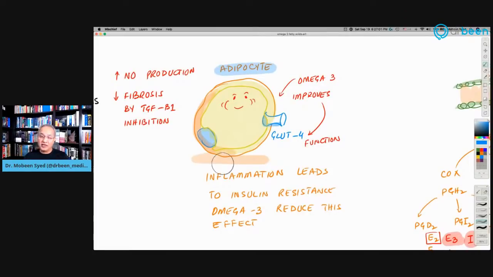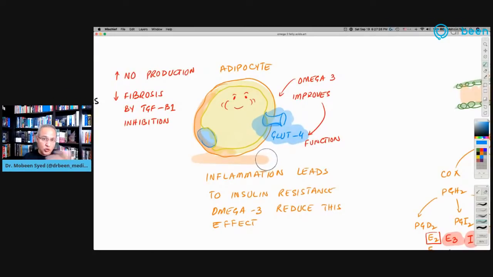Similarly, omega-3 can actually help improve insulin resistance. Folks, people who have chronic inflammation, for example autoimmune diseases, may become insulin resistant because the chronic inflammation affects the GLUT4 channels in the adipocytes. The adipocytes are the fat cells.